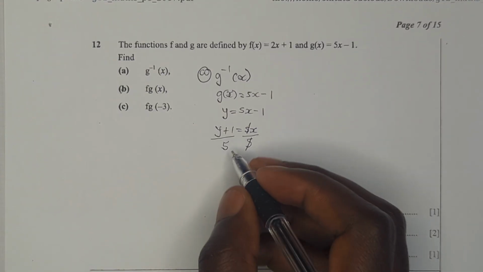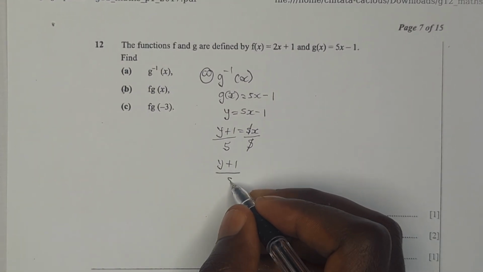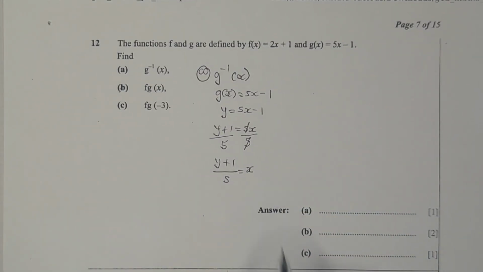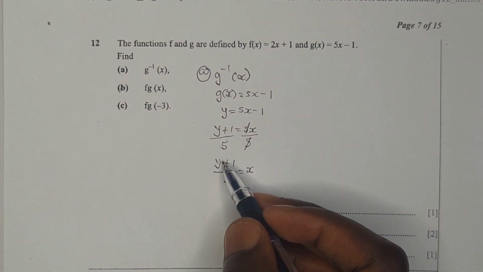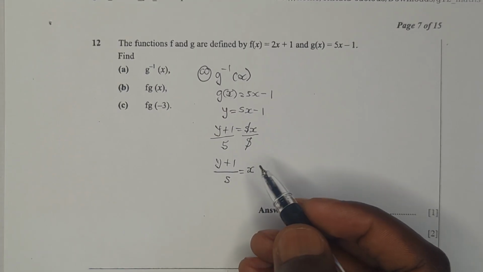We are remaining with y plus 1 over 5 is equal to x. Now, after making x the subject of the formula, we then swap: where there is y, we put x, and where there is x, we put y.